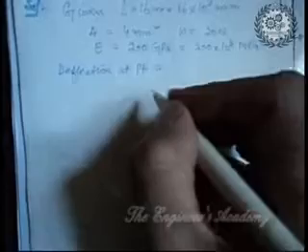Now we are supposed to find the deflection at points C and B. First of all, let's move to the point C. So deflection at point C. It is known to us that the deflection due to the self weight of a material, delta L, is equal to W into L divided by 2AE, where W is the total weight and not the specific weight or the unit weight.